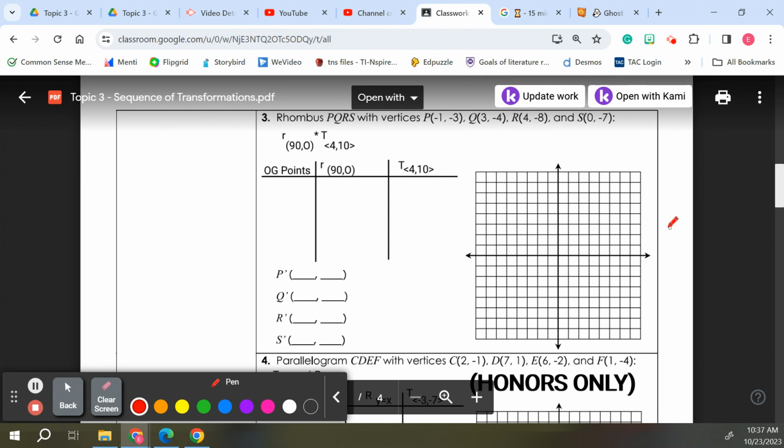So if you did it the way it's shown on the table, do these points fit? No. Now, if you did that correctly, you should have gotten the following.